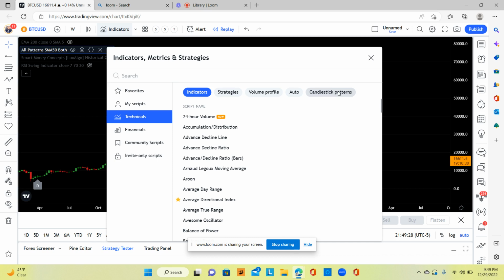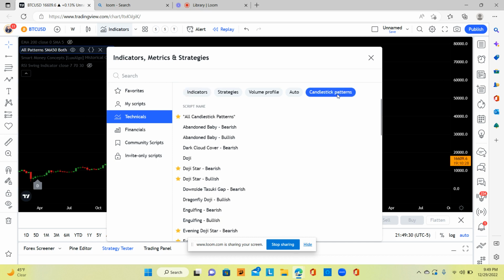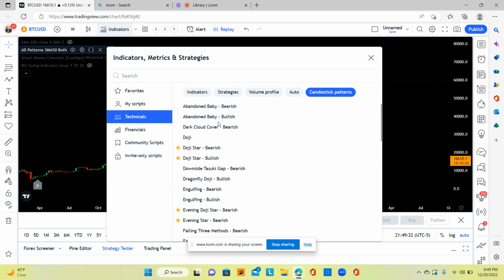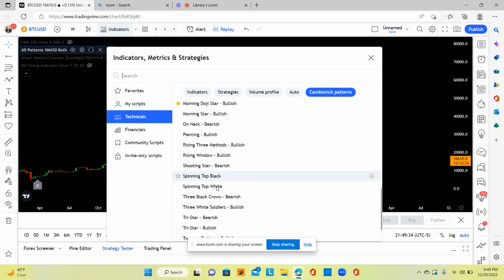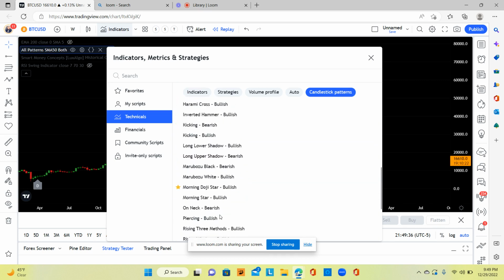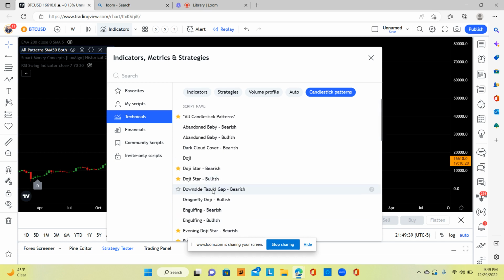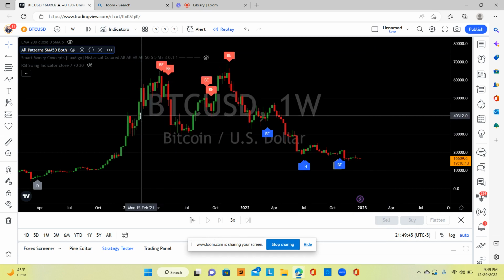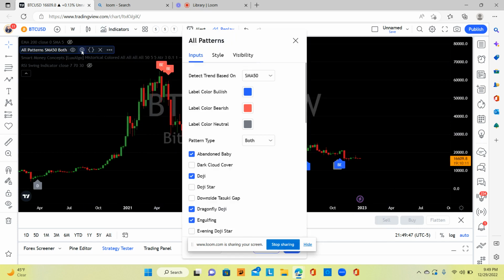All right? Now, candlestick patterns is where it is. And you see, you can either click the different candlestick patterns that you want, or you can click all candlestick patterns. And look what pops up. Okay? You go here to the settings, and guess what I can do?